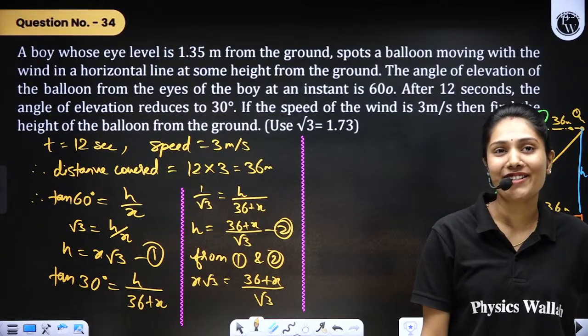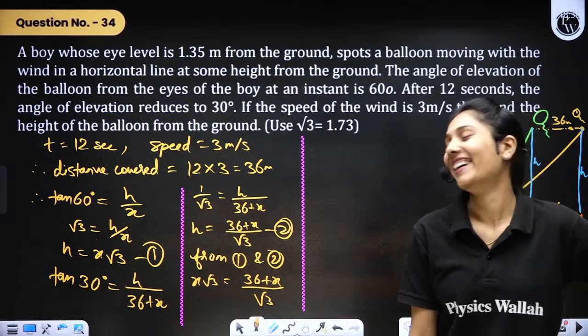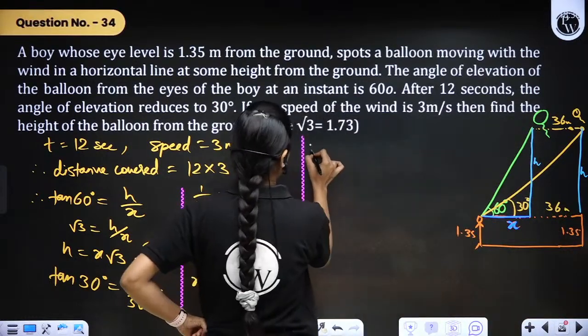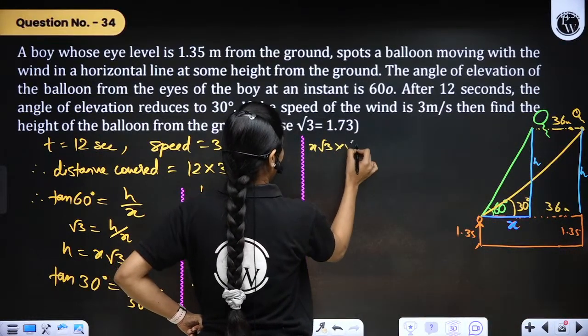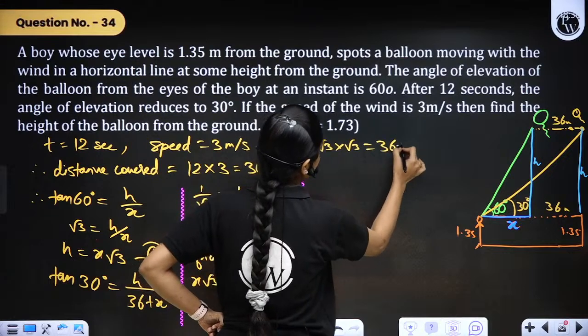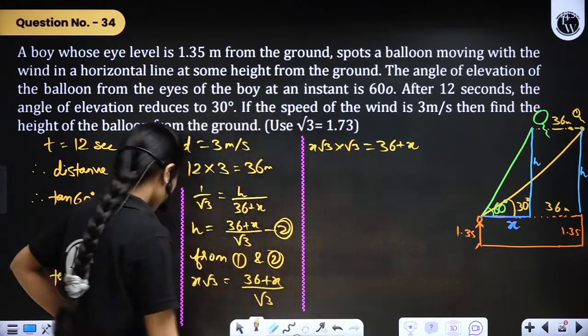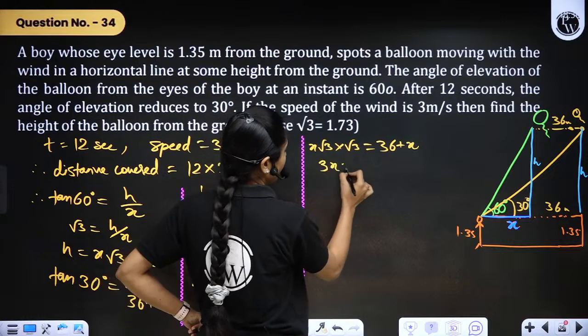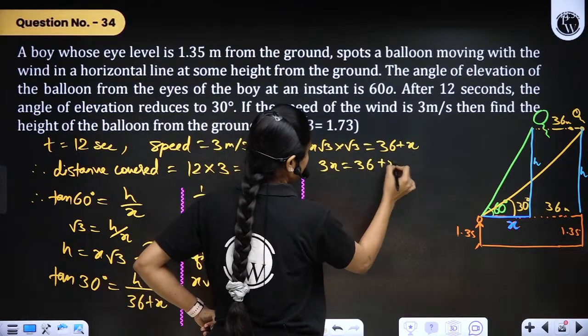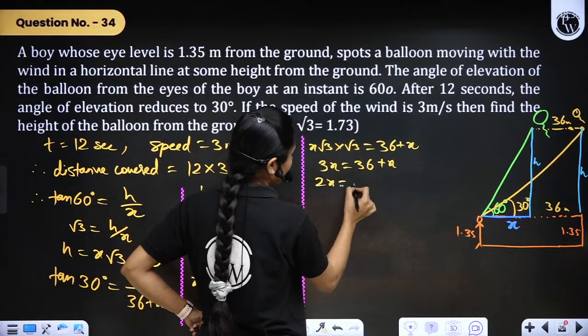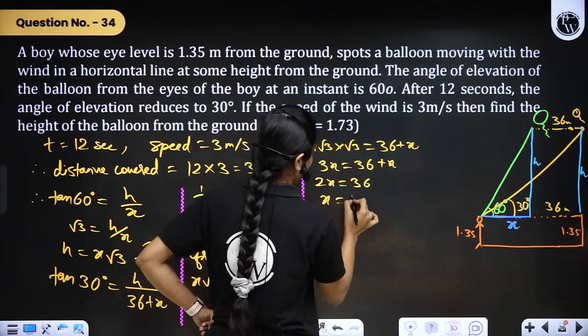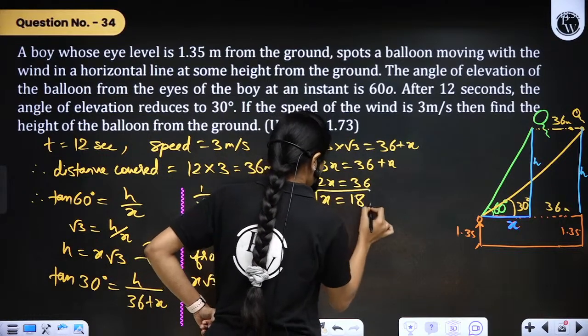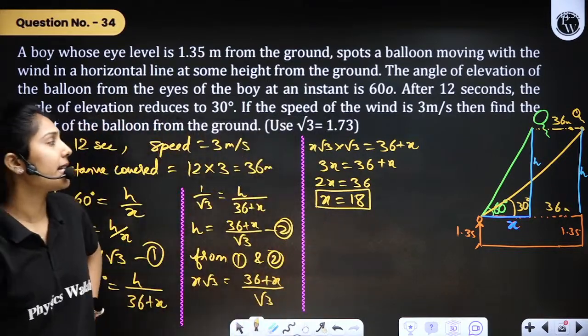Before my answer, you should give the answer. So x root 3 into root 3 is equal to 36 plus x. So 3x equals 36 plus x. 3x minus x, 2x equals 36. So x is equal to 18. Okay, value of x is 18.